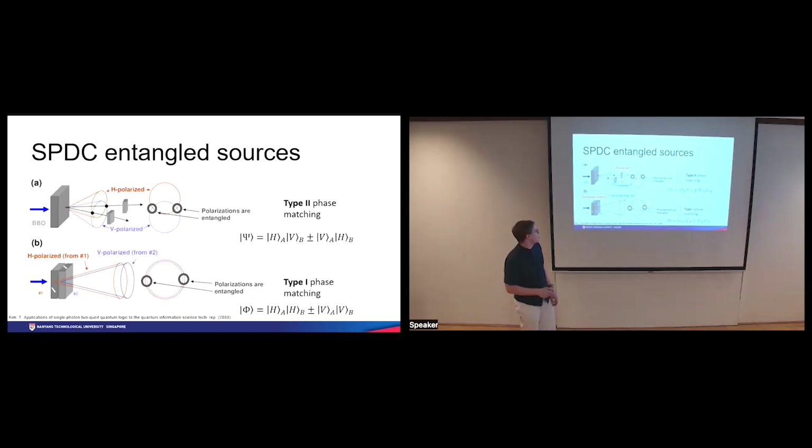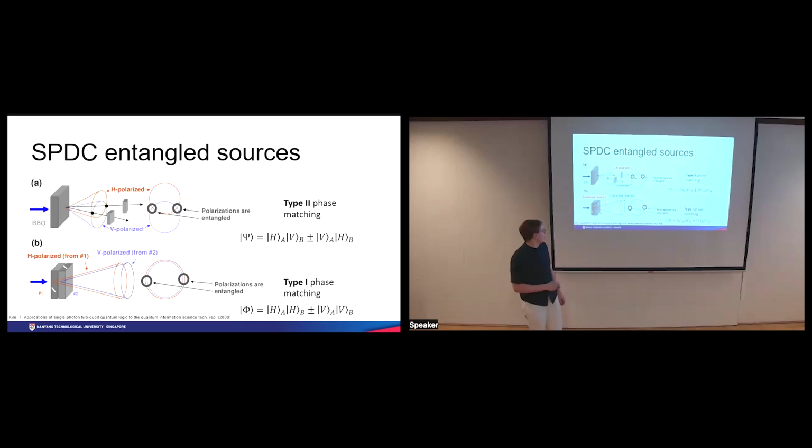You would have type 2 entanglement, where the signal and idler are generated in orthogonal polarizations. When these two cones overlap, and you collect the photons there, you would have polarization entanglement.